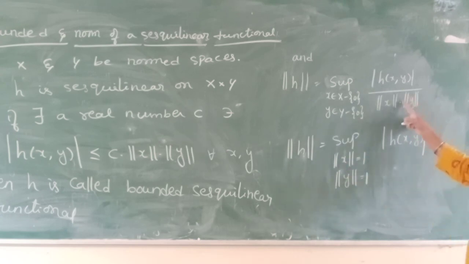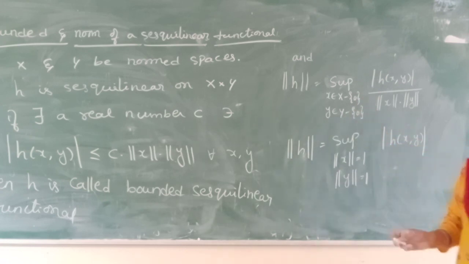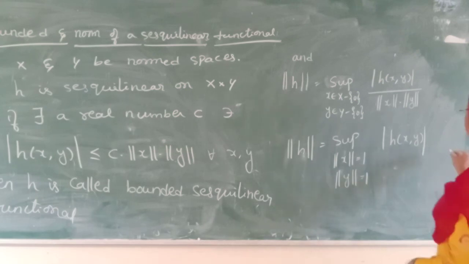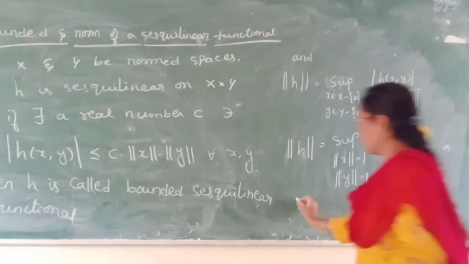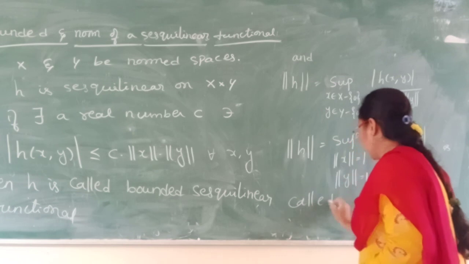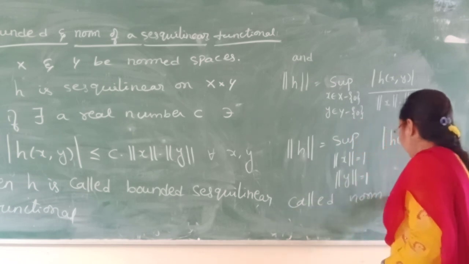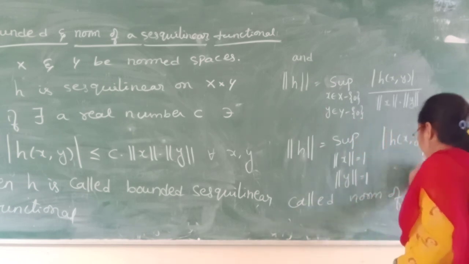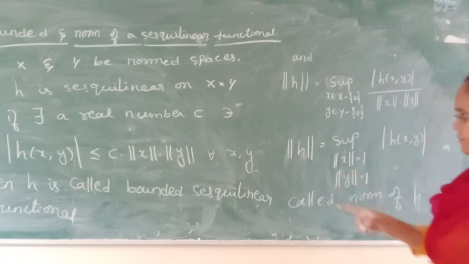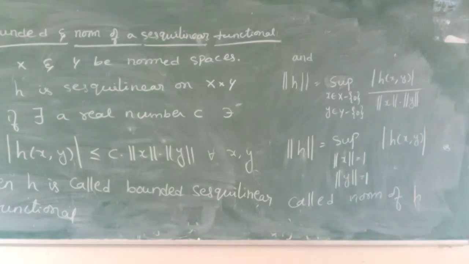If you are writing the denominator, then these x values are non-zero. This is called the norm of H. So the first one is the boundedness, the second one is the norm.